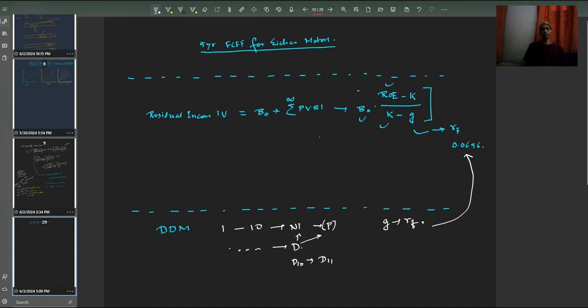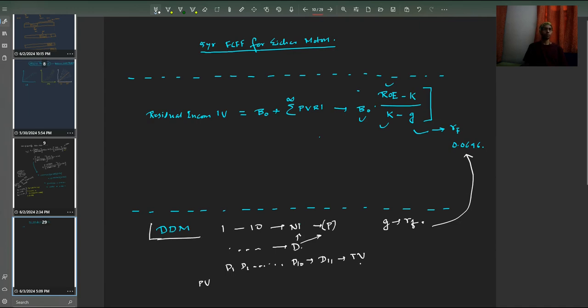And with the help of this, we will calculate a terminal value. Okay. We will calculate the present value from D1, D2, dot up till D10. We'll calculate the present value of all this and put the values here. And we'll also calculate the present value of the terminal value and we'll add all of them up. That's how we will calculate the valuation through the dividend discount model.